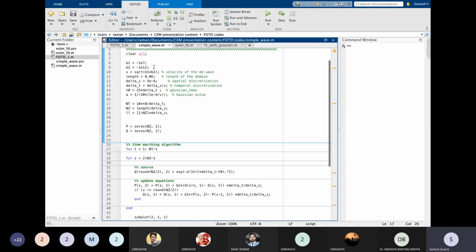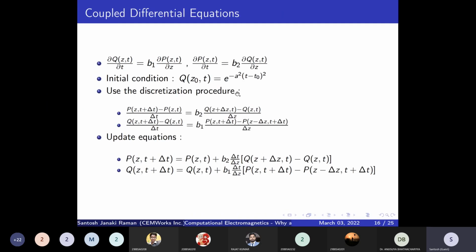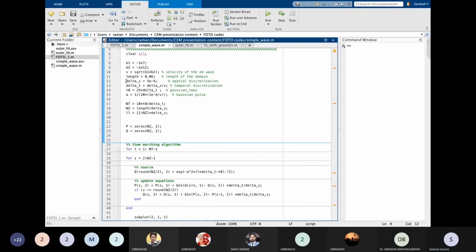I just assume two values, b1 and b2, and it is very important that these are negative to get a particular form of result. If you set them as positive, you'll get a different kind of result. These are the proportionality constants in the previous equation. Then you assume a spatial discretization and a temporal discretization.